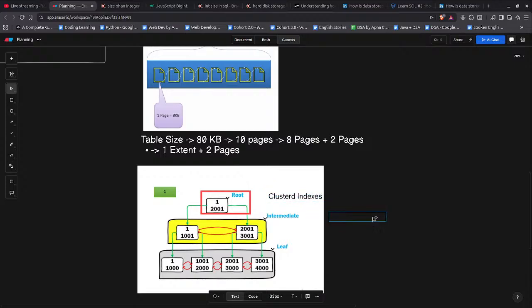Apart from the clustered indexes, we'll have the data, and that data itself is going to be somewhere here. So the data is going to be here. As for the clustered indexes, they are going to be either on this.